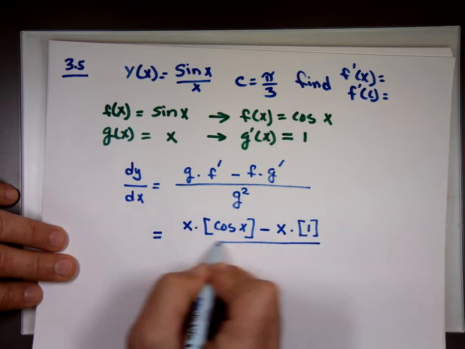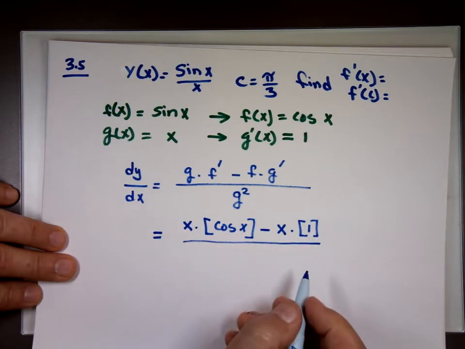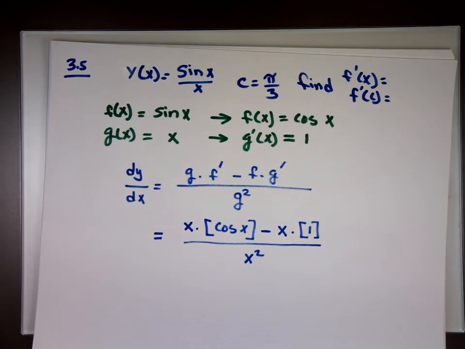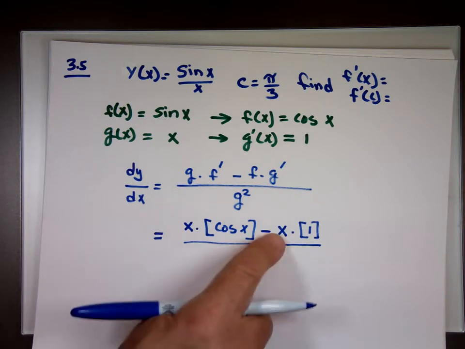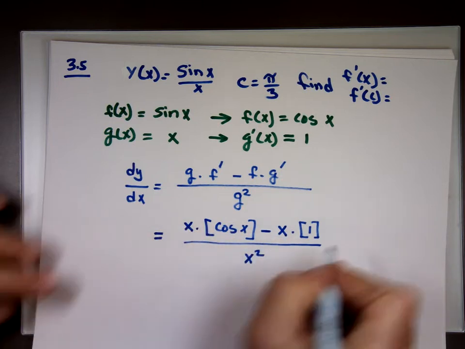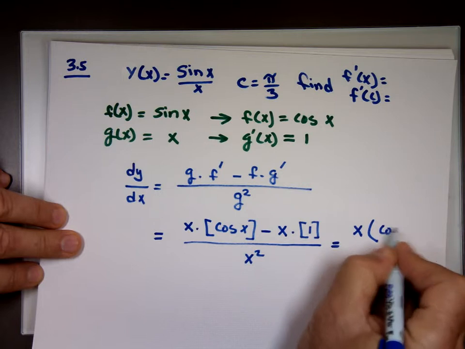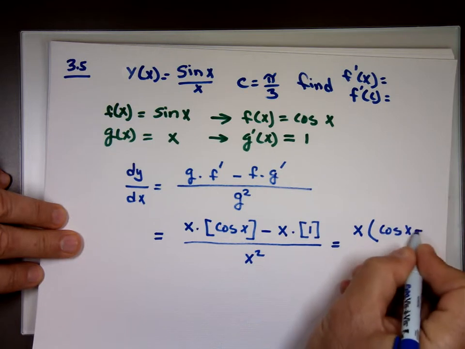The whole thing divided by what? x squared. If you look at the top, it looks like you can factor an x out. See, you have an x in both of them. So if you factor an x out, what's left? Cosine of x minus the 1.